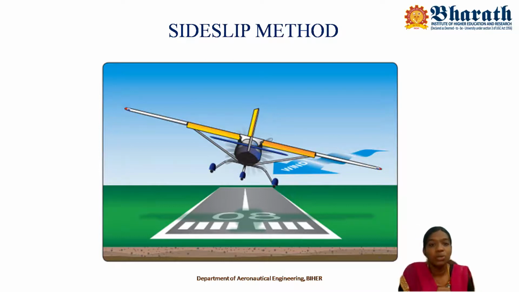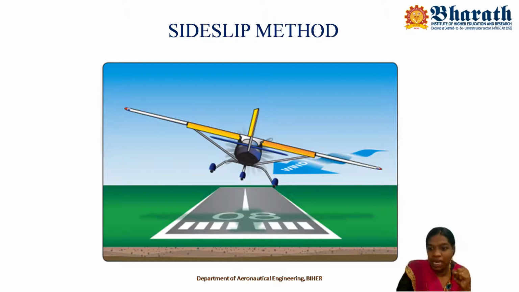Yeah. So during flare, what is happening, and during touchdown, what is happening? During the flare, the pilot should hold the upwind wing downwards. He should ensure that he is holding the upwind wing downwards, and also that he is maintaining the track down the runway with the opposite rudder deflection.